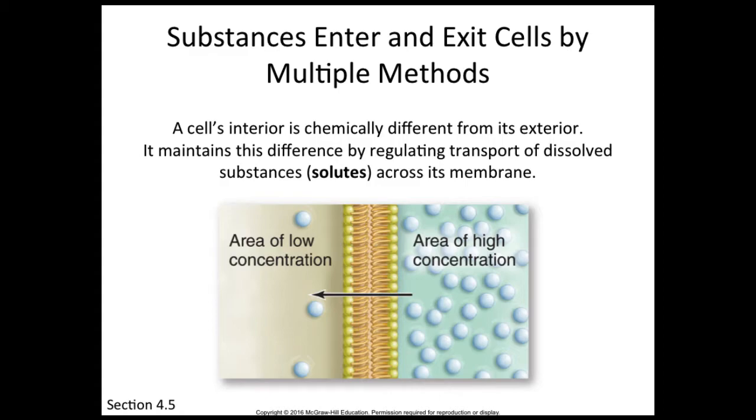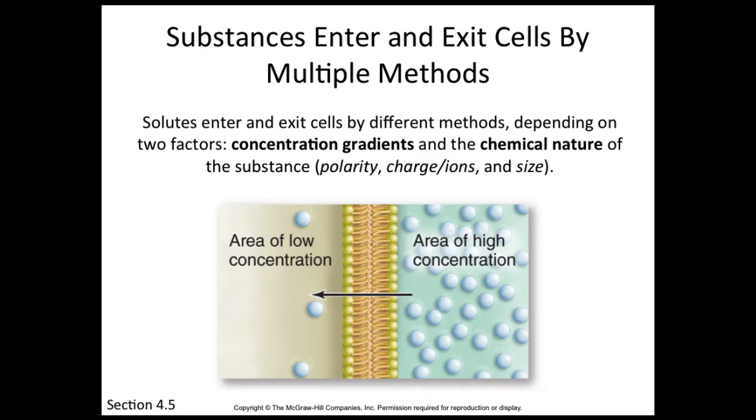Cells can maintain this difference in its inside versus its outside by regulating the transport of dissolved substances called solutes across its membrane. And here we can see the arrows pointing across the membrane, and the solutes are moving from high concentration to low concentration.